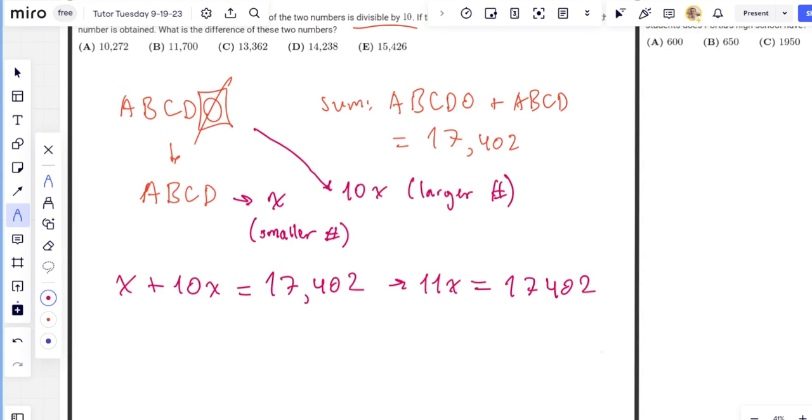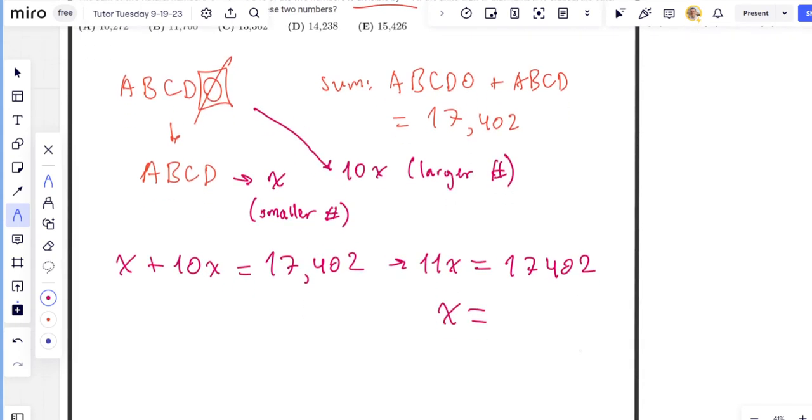So how do we get x? Well, some simple algebra here. We divide everything by 11. I'm not sure if you actually get a calculator on these, so let's just be safe and do it the long division way. 17,402 divided by 11, that's going to be a 1 there, minus 11, 6. Who still remembers how to do long division, by the way?